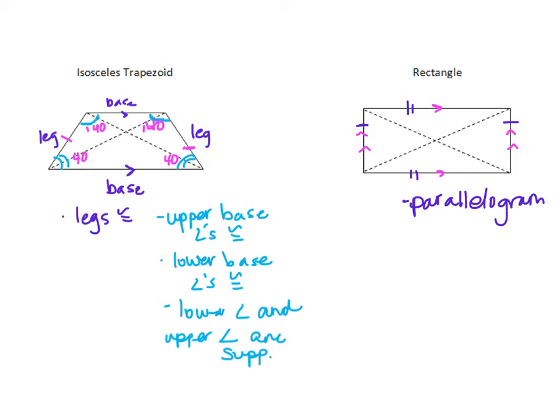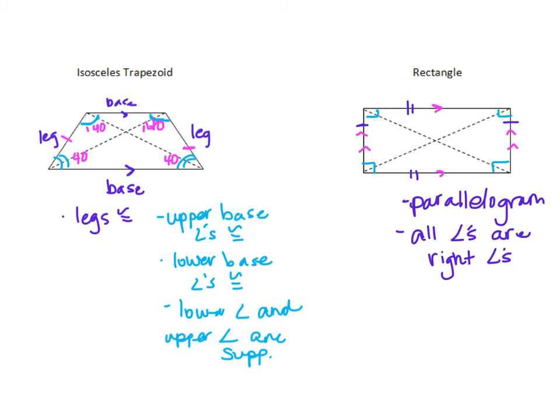And then what makes a rectangle different from a parallelogram are the angle measures, so all angles are right angles. I'm sure you already knew that, but it's nice to put it in here. So that means that we're going to have these 90 degrees in each corner of your rectangle.